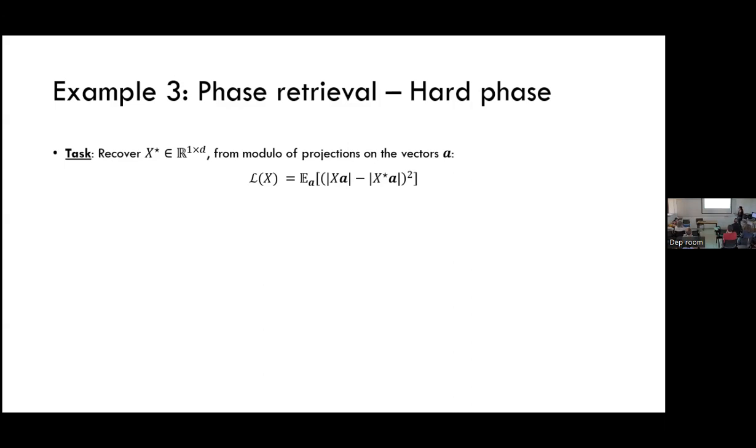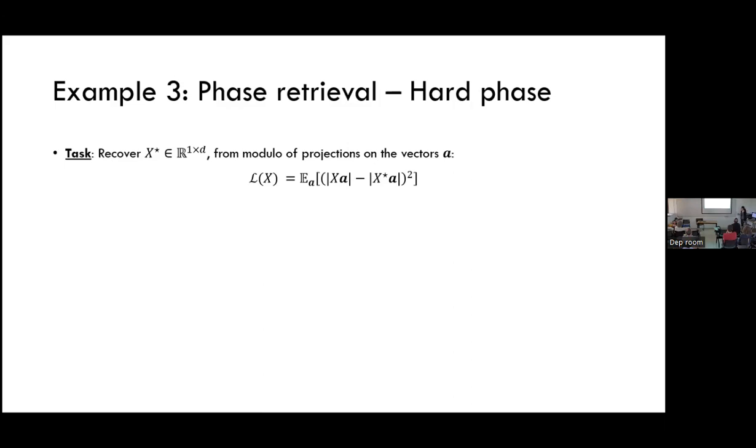So I have my x star, and I'm building a similar model with projections with another vector x. And what I want is that x will be as close as possible to x star.